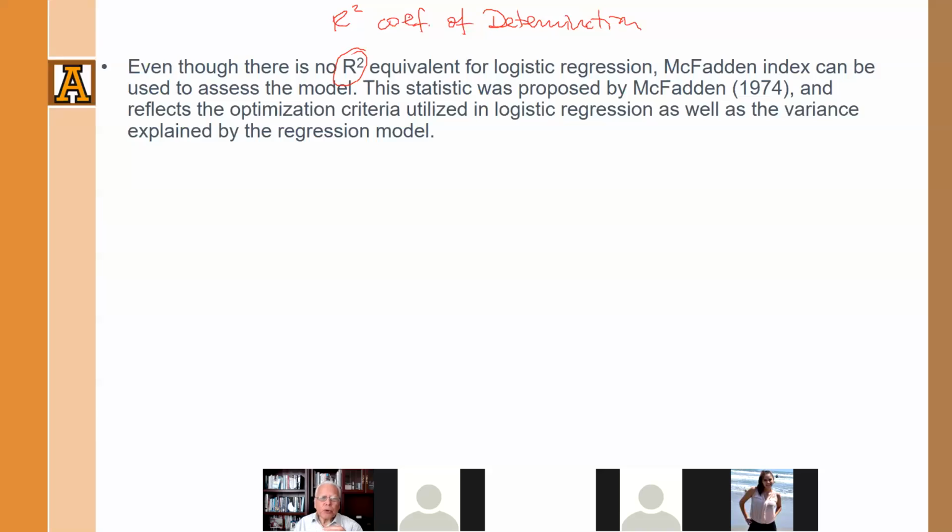Well, there is no R-squared in logistic regression, but there is an index that was developed by McFadden, and this is the equivalent of the R-squared for logistic regression. It reflects the optimization criteria that we use in logistic regression, as well as the variance that is explained by the model. Okay.